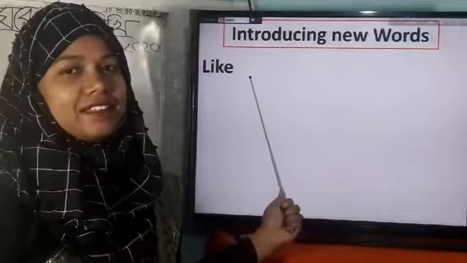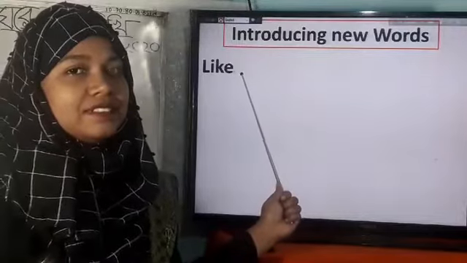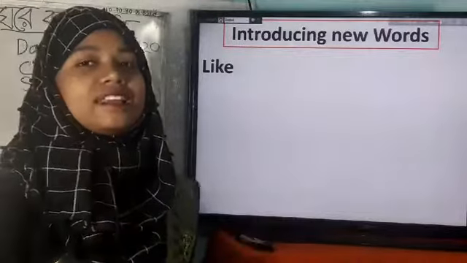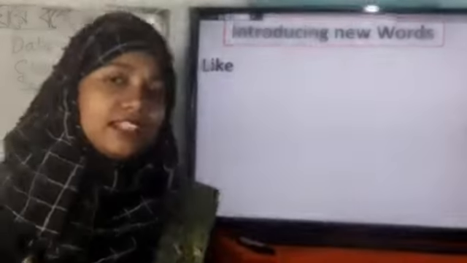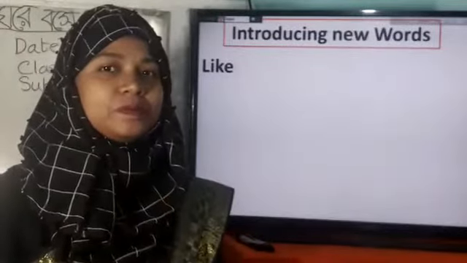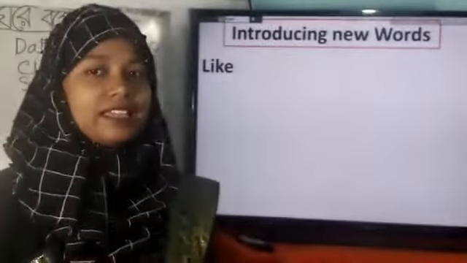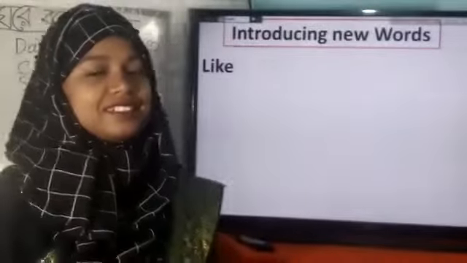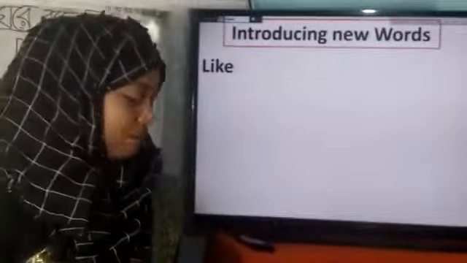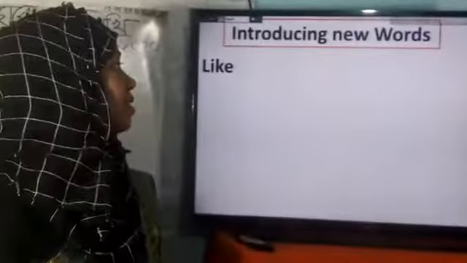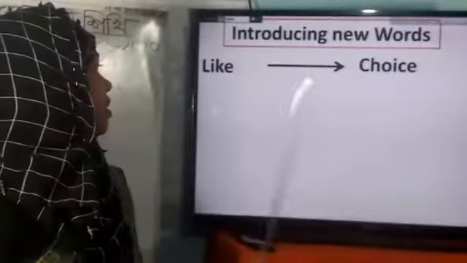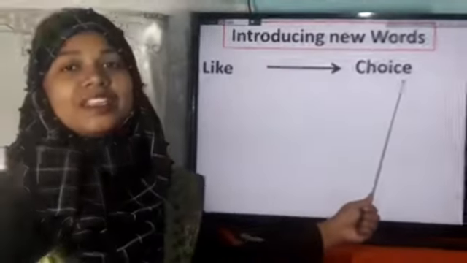First one is like. Dear student, what's it? Yes, it's like. Do you know what is the English meaning of like? শিক্ষার্থী বন্ধুরা, like এর ইংরেজি অর্থ কি জানো? I think you can answer me and you know the meaning. The meaning of like is choice.